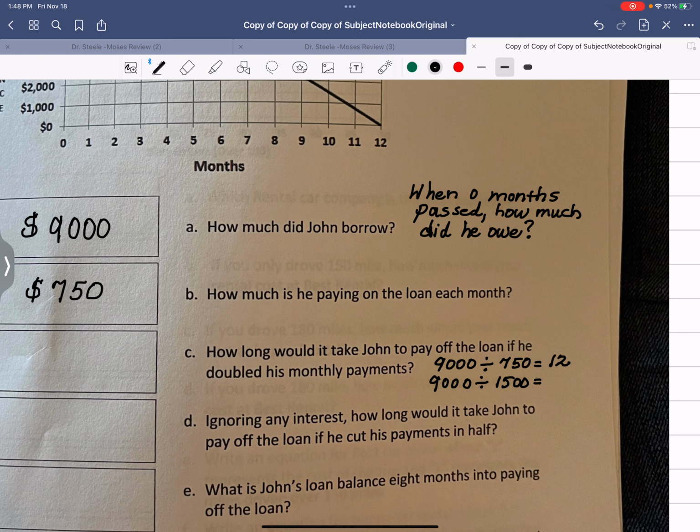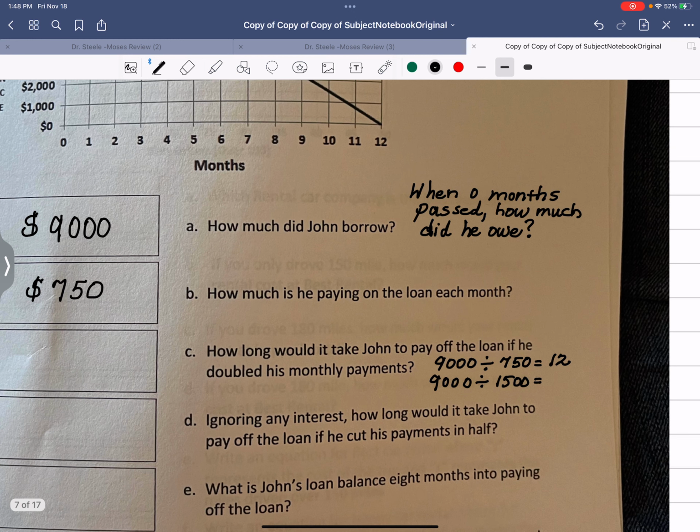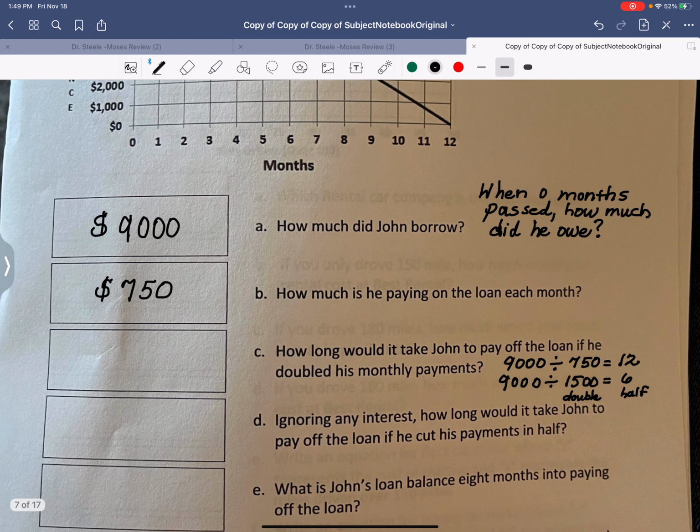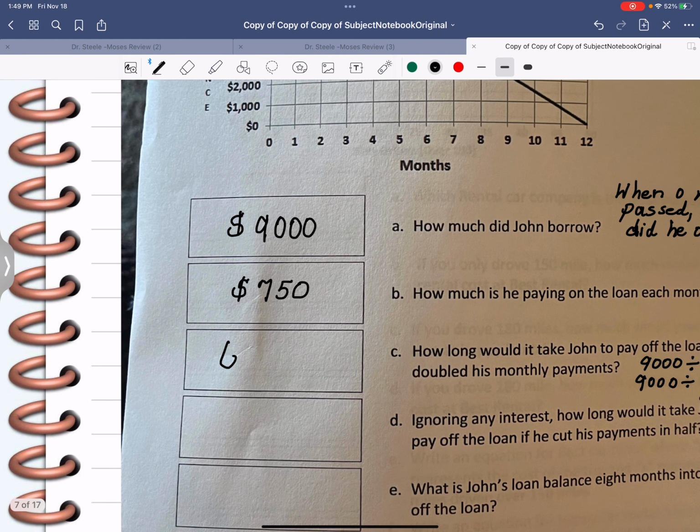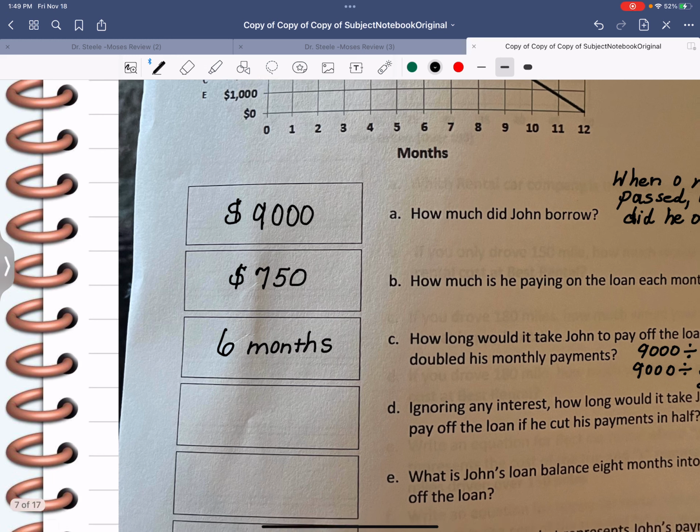Is it going to get bigger or smaller? If you double this amount, you will cut this amount in half. It would only take him 6 months to pay it off. And that's the question. How long would it take if he doubled the payments? It would take half the time, or 6 months.